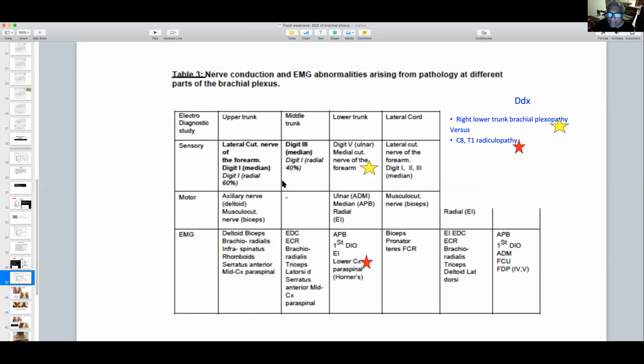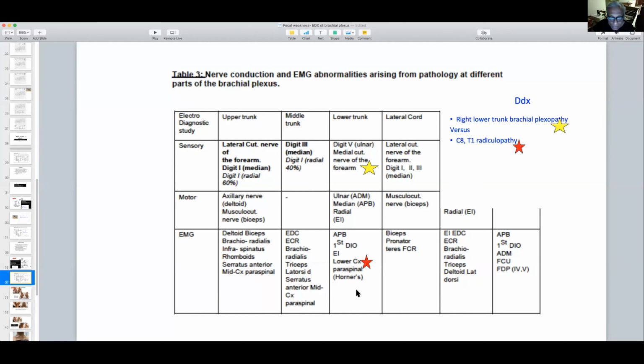If these 2 nerves are completely normal, even though she had carcinoma of the breast, even though she had radiation to the axilla, we would be more suspicious of C8T1 radiculopathy because it's a preganglionic lesion. And therefore, we would go on and do EMG of the paraspinal muscles and confirm that the paraspinal muscles are affected.